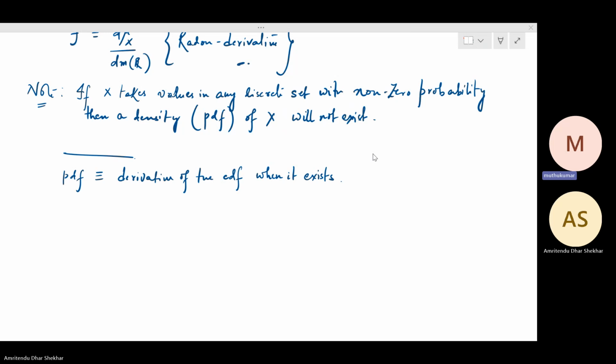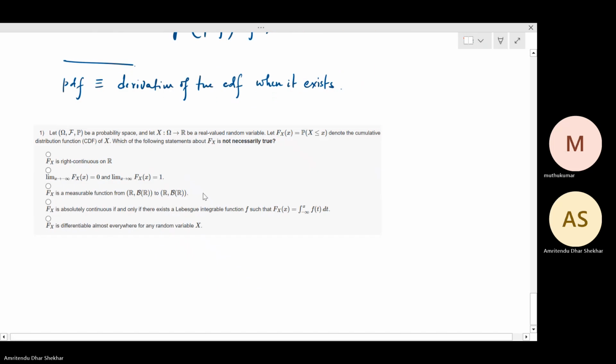Assignment 3, problem number 1, all about measurable. Let me check. Just give me a second. I'm opening the problem. This one, right?